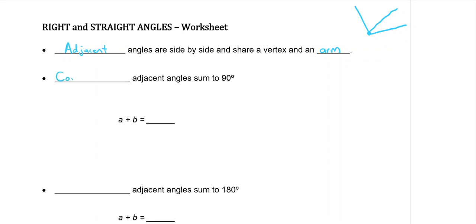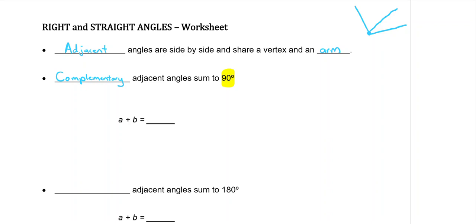Complementary angles are a special type of adjacent angles where the two angles add up to give 90 degrees.